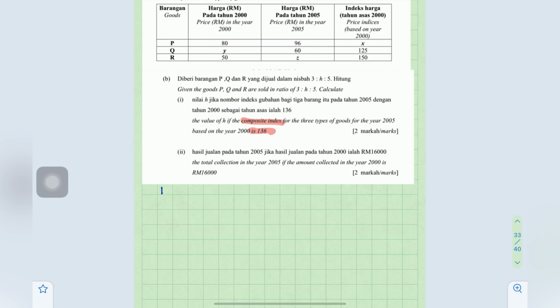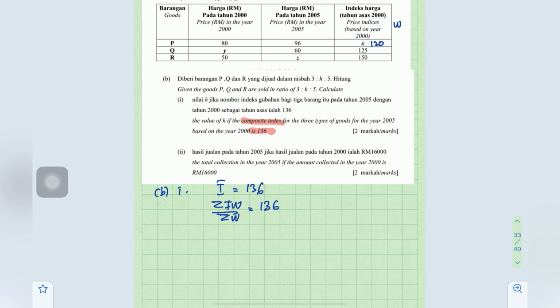Okay, so then composite index equals to 136. Tapi composite index ni formula dia summation of IW over summation of W equals to 136. So kita carilah setiap price index tu darab dengan dia punya weightage. So just now X tadi 120 kan.